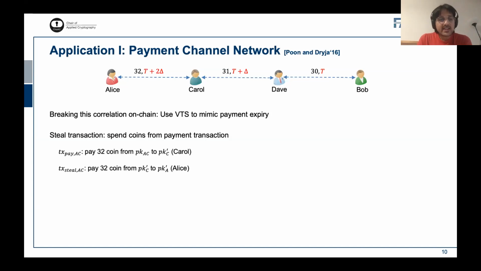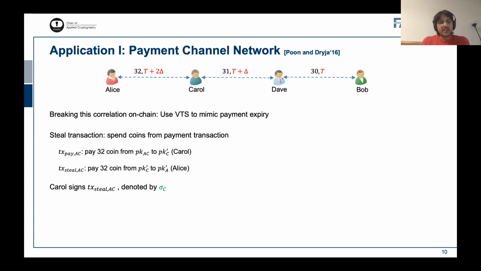Notice that TX pay AC is going to pay 32 coins from the channel between Alice and Carol to Carol. And the steal transaction for this payment transaction is set up in such a way that it pays 32 coins from the address of Carol back to Alice.